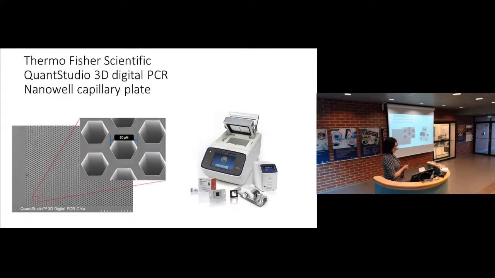We don't have the machine, I think nobody has in Finland, but we are interested in this nanocapillary plate, so we have bought only those chips to study their characteristics. There are 60 micrometer through-hole wells in that chip, so that the PCR reaction takes place in each of these wells, and then it measures the signal from every well.